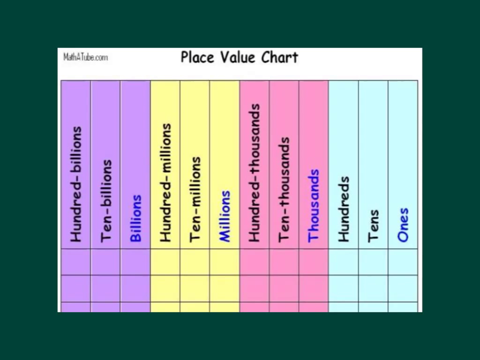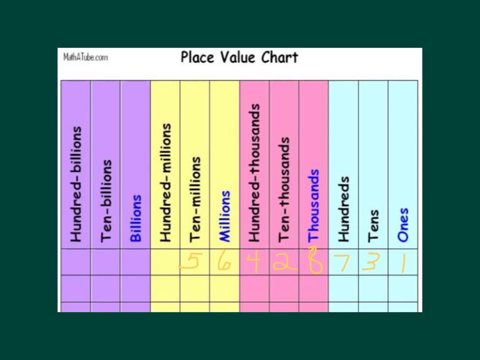So this number that I'm writing has 5 ten millions, 6 millions, 4 hundred thousands, 2 ten thousands, 8 thousands, 7 hundreds, 3 tens, and 1 one. So this number would be 56,428,731.